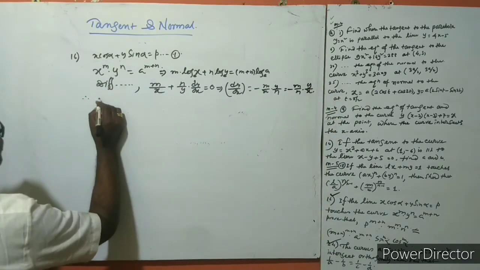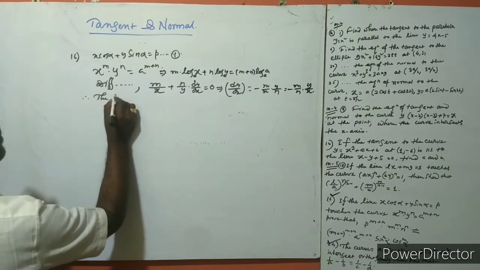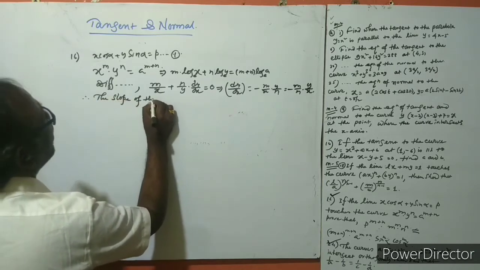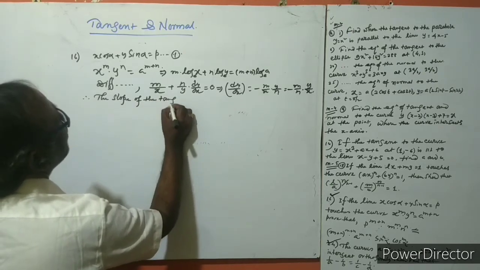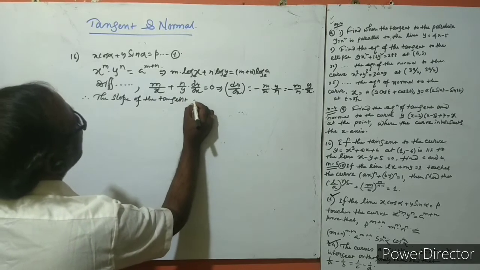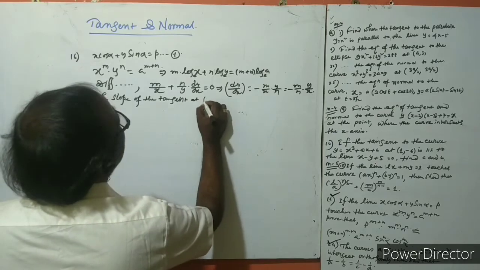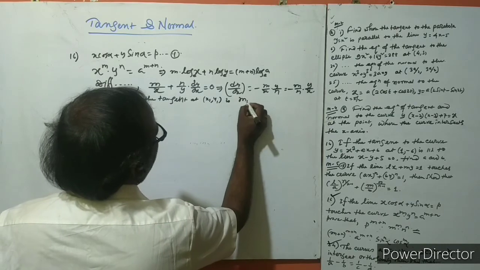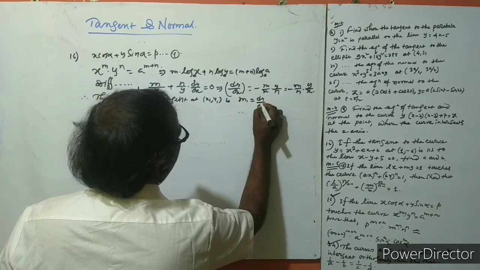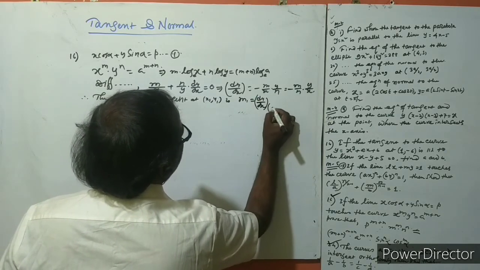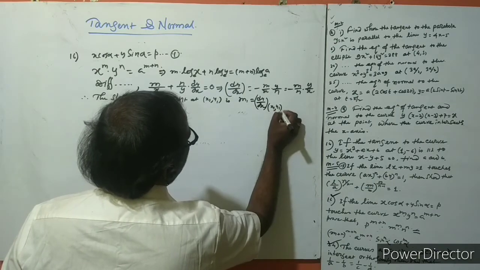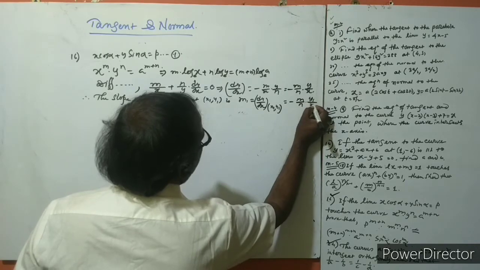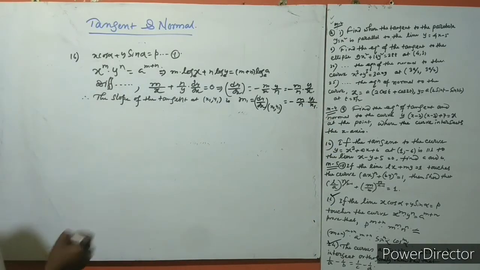Therefore the slope of the tangent at x1 comma y1 is m1 equal to dy by dx at x1 comma y1. This is equal to minus m by n and y1 by x1.